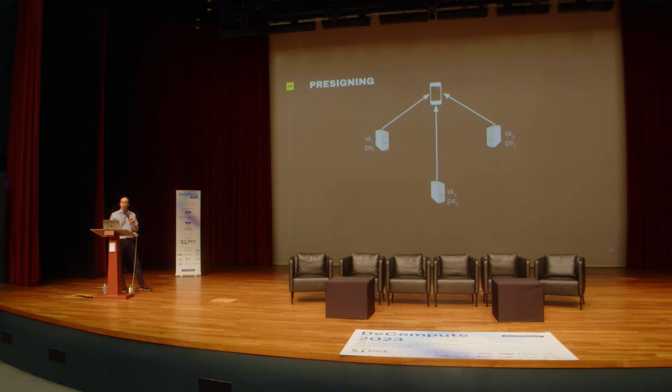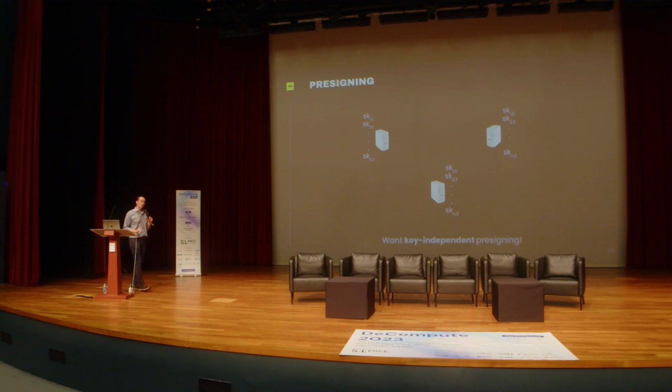Now in practice, what you'd like to do is be able to run this pre-signing phase not just once, but a whole lot of times. So you want to be able to generate n different pre-signatures that you can then use to satisfy online signing requests. Think about this in the context of servers that are managing private key shares on behalf of many, many different private keys.